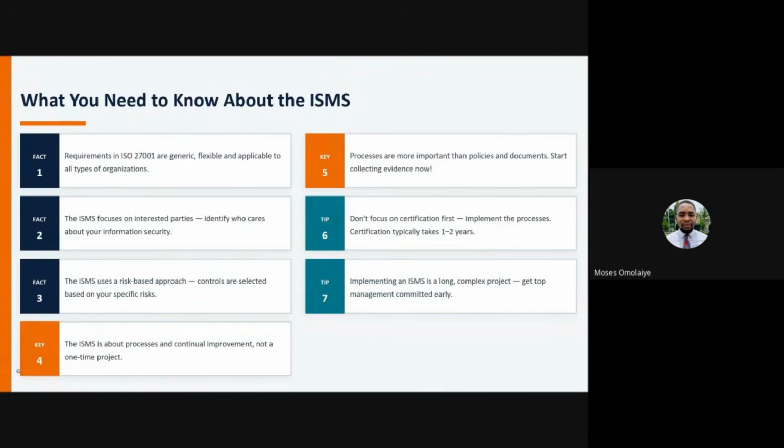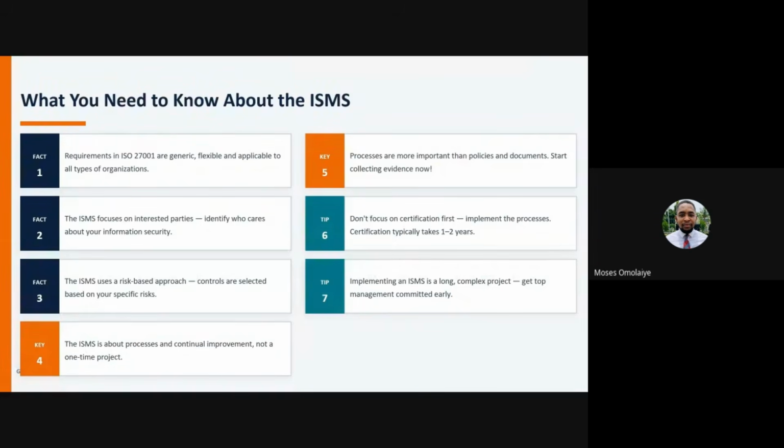And then something that is key is that the ISMS is about processes and continual improvement, not a one-time project. It's a program, because a project has a start and end date. So it's not just something you implement and that is it. And then processes are more important than policies and documents.